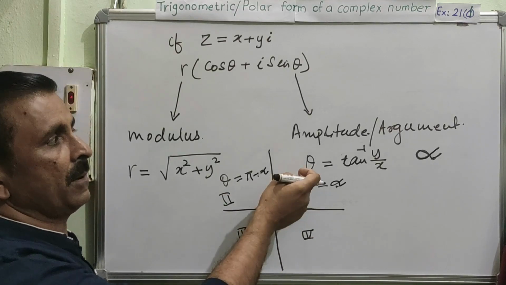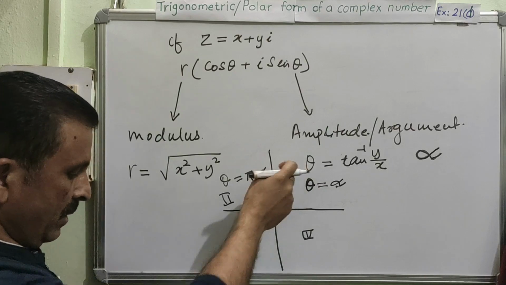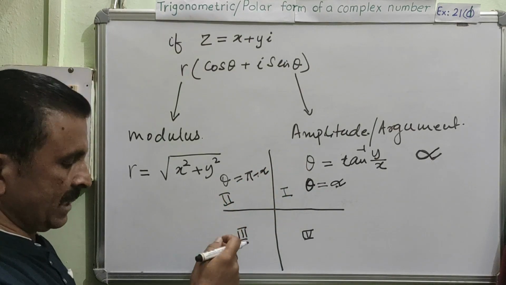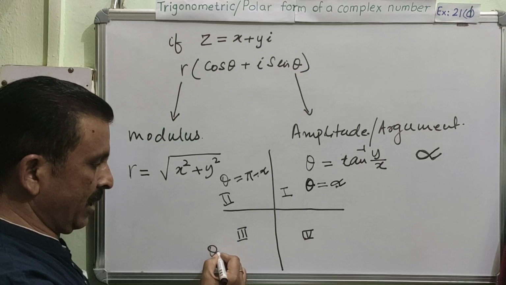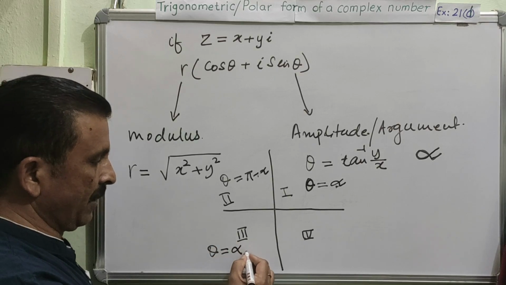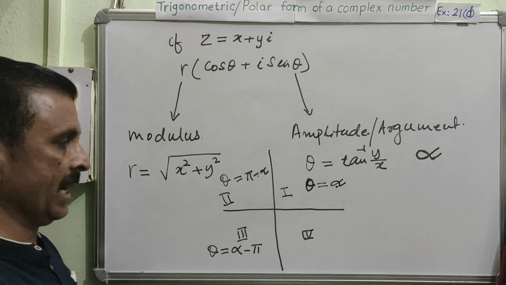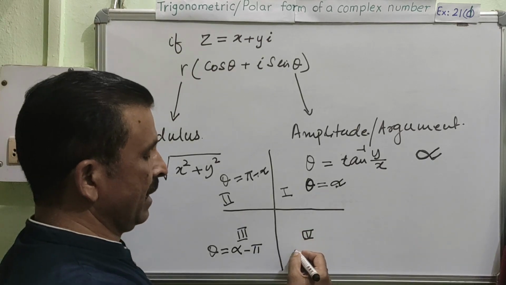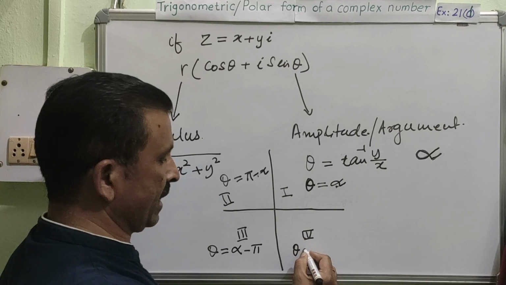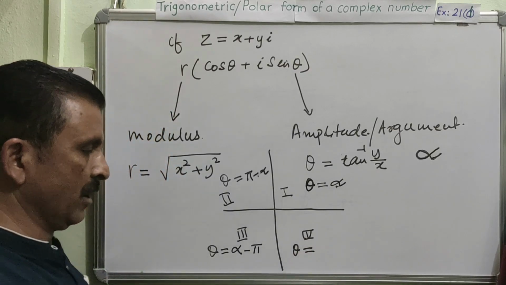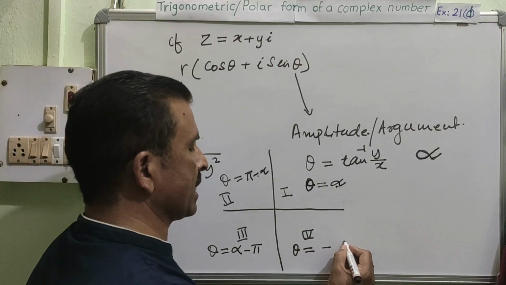Now if your complex number lies in the third quadrant, then theta will be equal to alpha minus pi. And likewise, if your complex number lies in the fourth quadrant, then your amplitude theta will be equal to minus alpha.